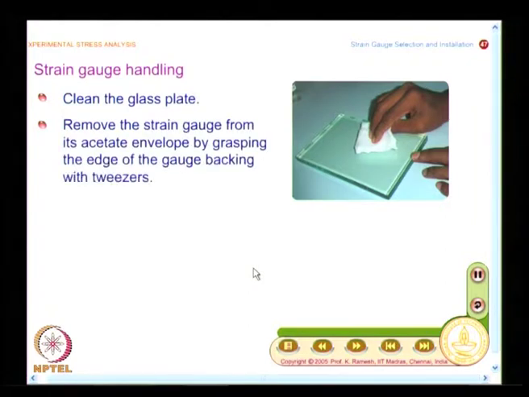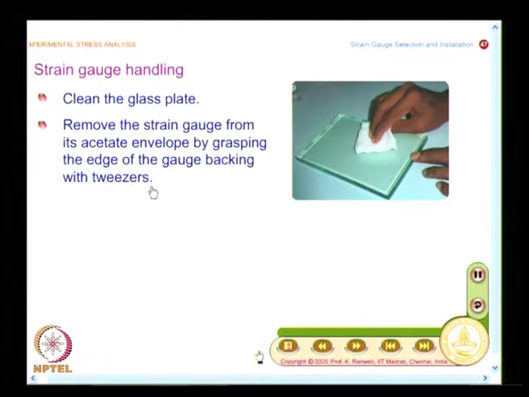Now, the surface is prepared, we have to take out the strain gauge and also have a via media how to align it on the specimen. So, take a glass plate and clean it, that is where you are going to keep the strain gauge, and you have to remove the strain gauge from its acetate envelope by grasping the edge of the gauge backing with tweezers.